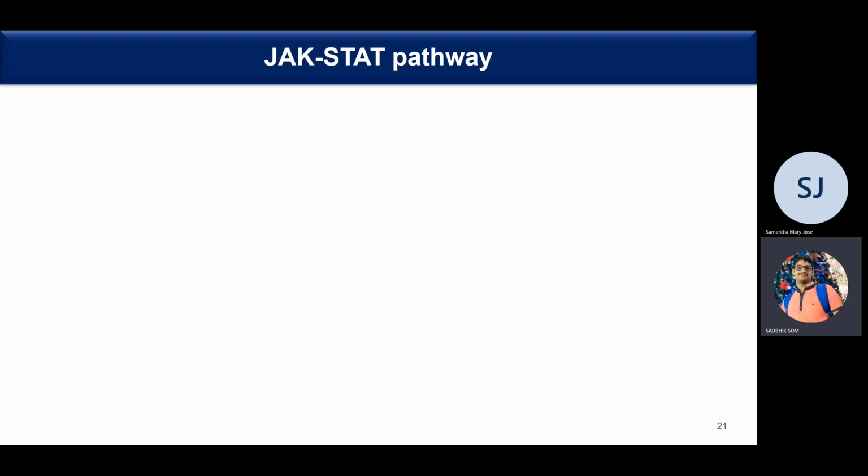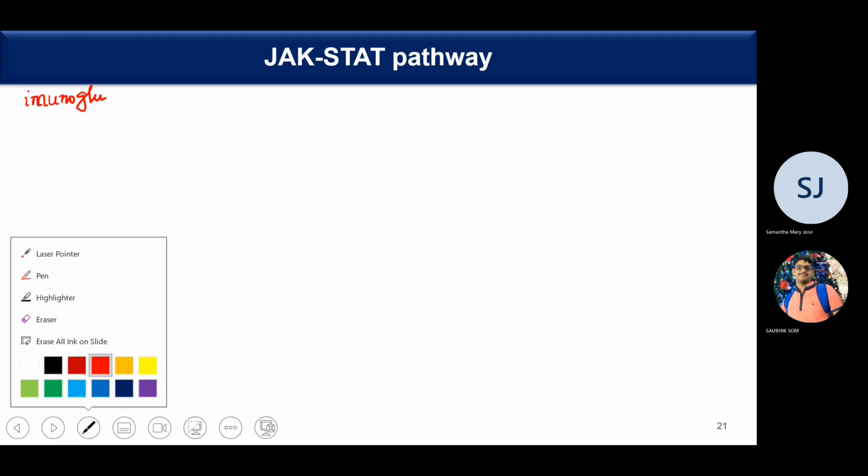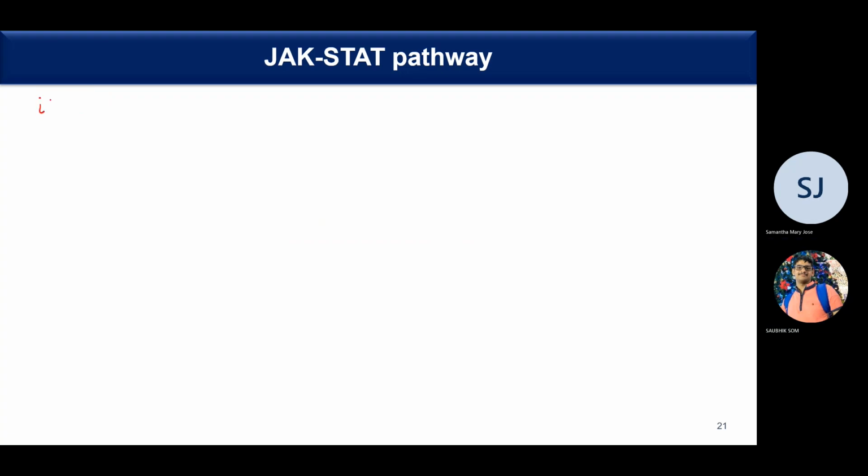So the JAK-STAT pathway is the pathway where most of the immune signaling actually works. Many of the immune signaling, as well as growth hormone or GH, and prolactin hormones, they act through this JAK-STAT pathway, but it's mainly very famous for the immune signals. Okay, so how does this work?